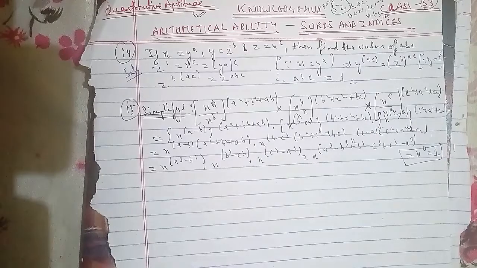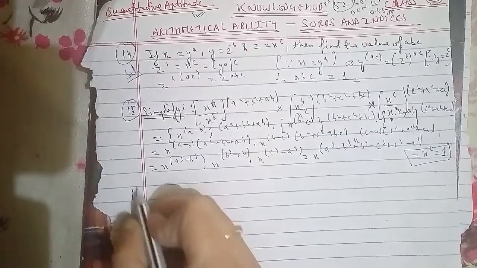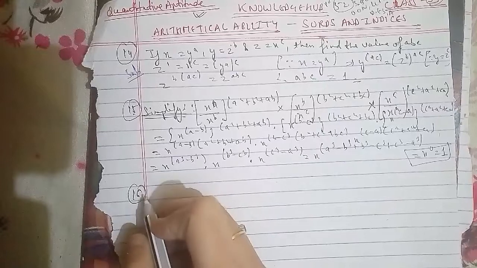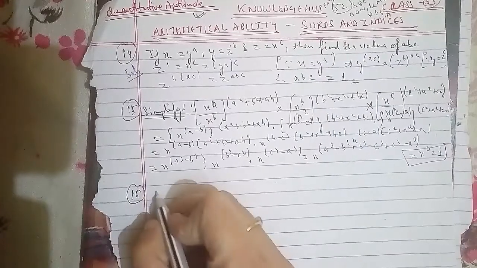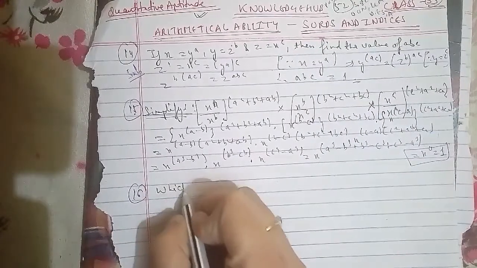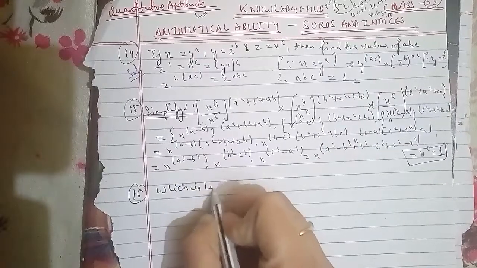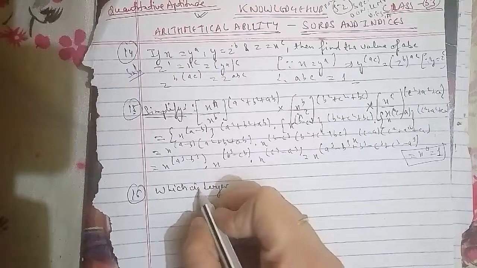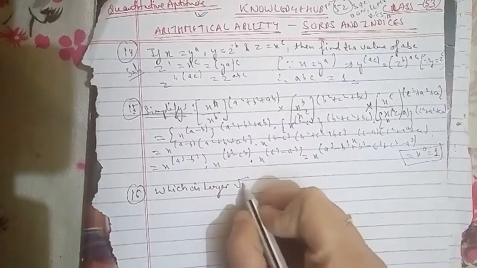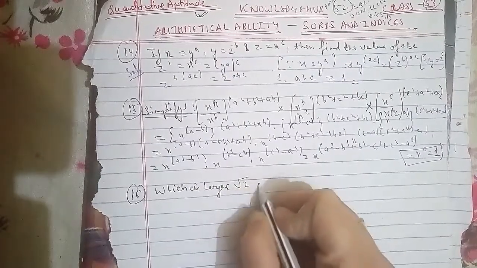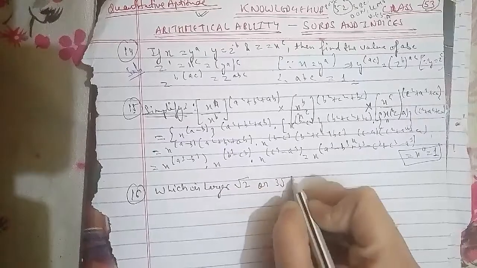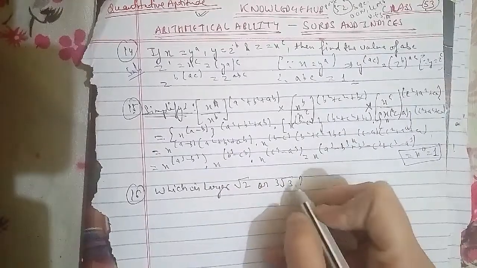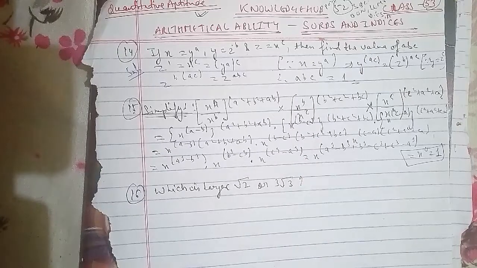For this, the given surds are of order 2 and 3. Their LCM is 6.